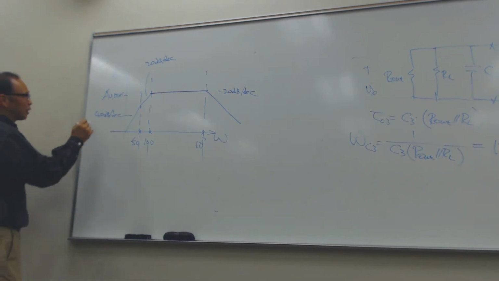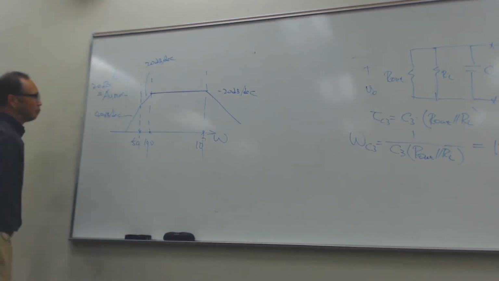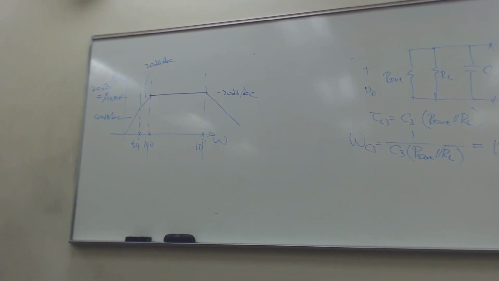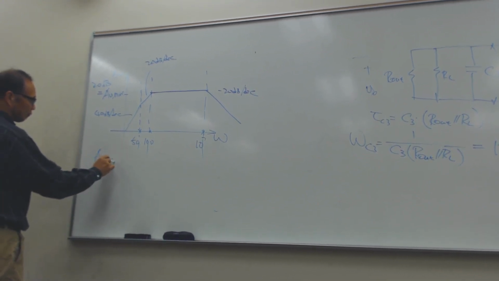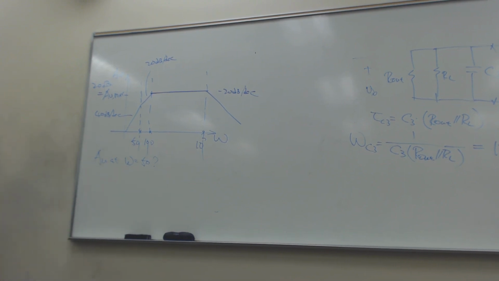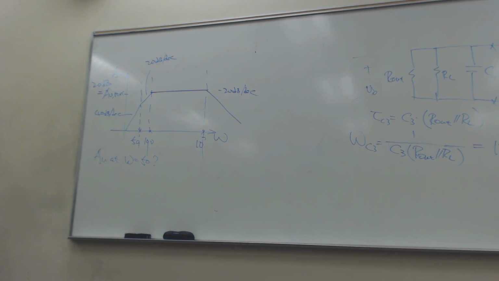So again, let me give you a number, okay? Make it easier. Let's say this is 20 dB. So the question is, what is A sub B at omega equal to 50? What is it? 14.